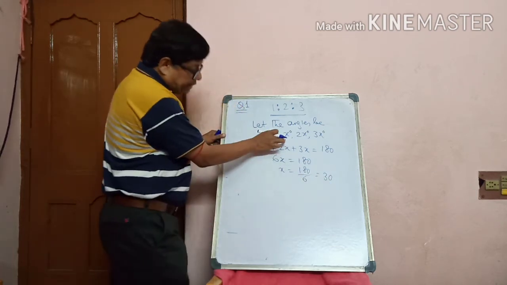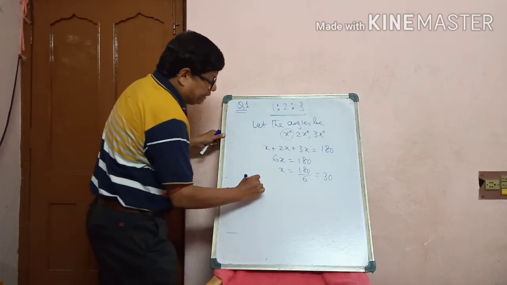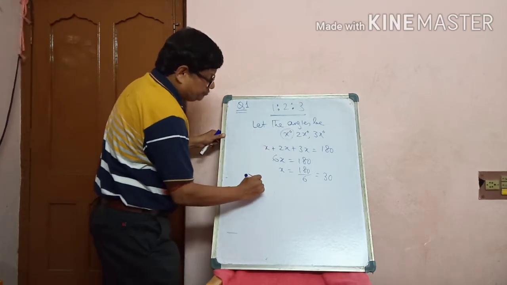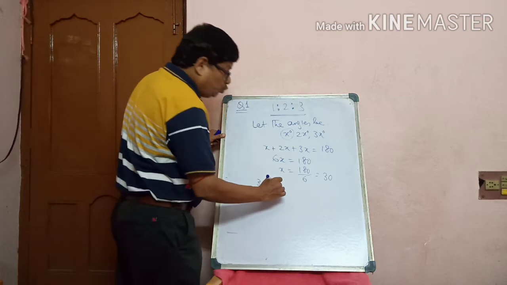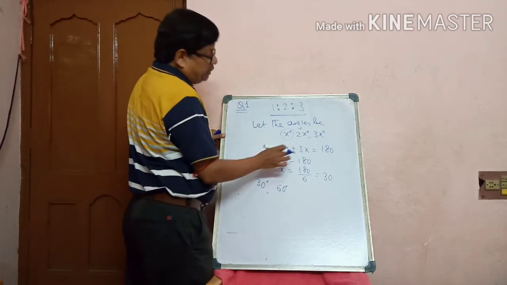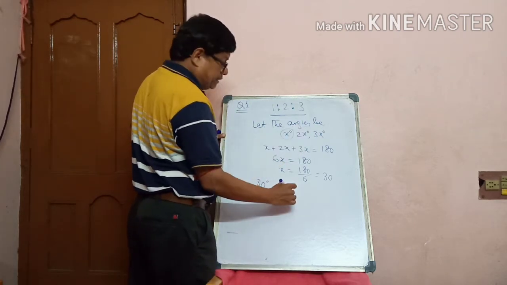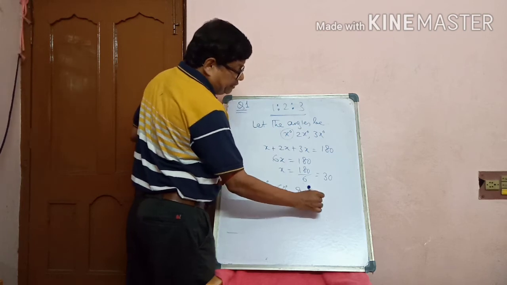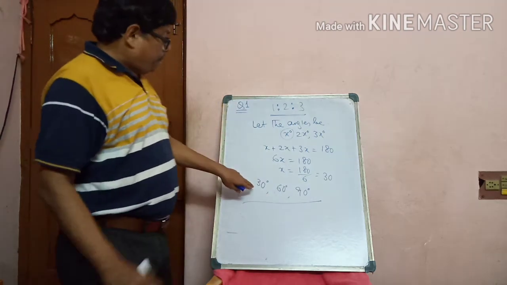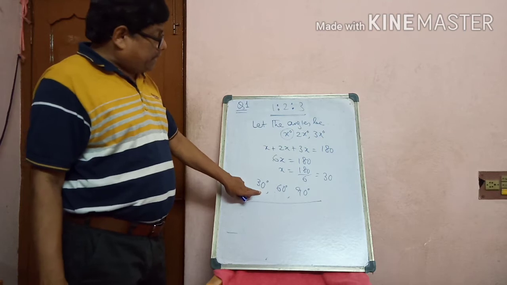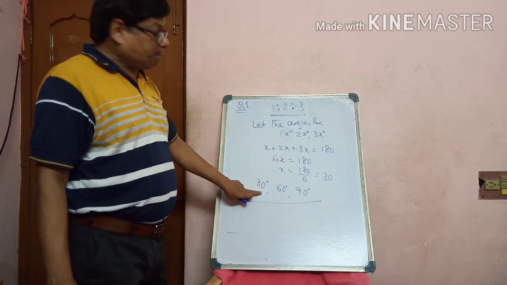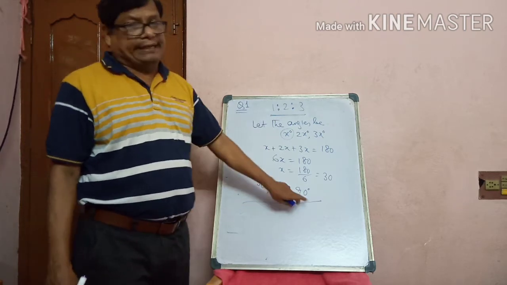Now x degree is given, so write 30 degree. 2x is 60 degree, you put the value of x, and 90 degree. So the angles are 30 degree, 60 degree and 90 degree.